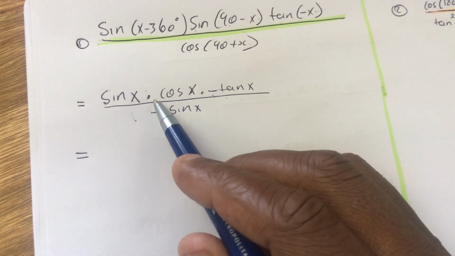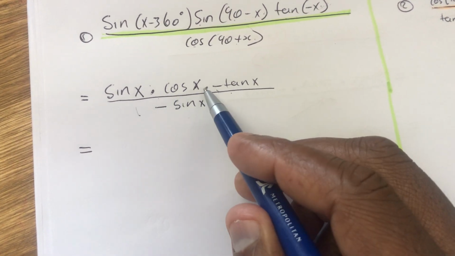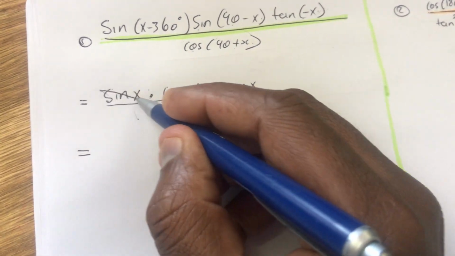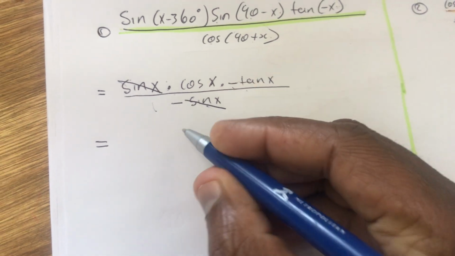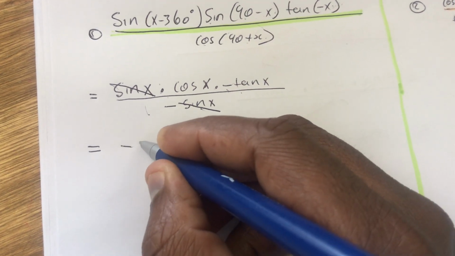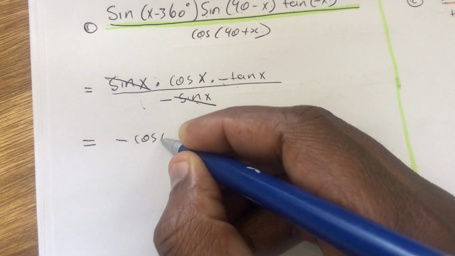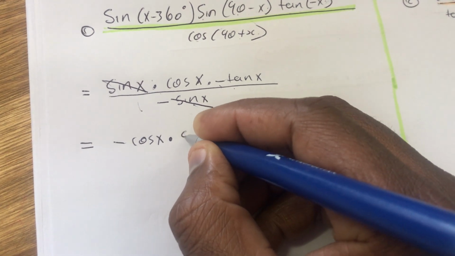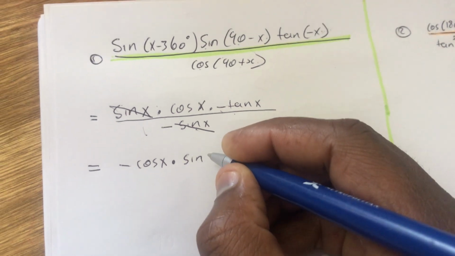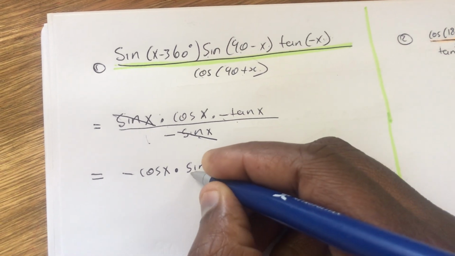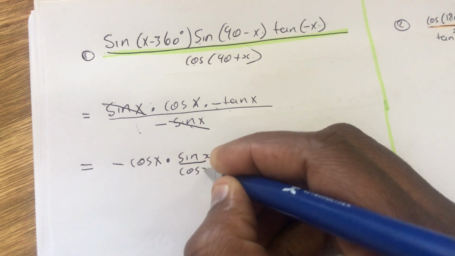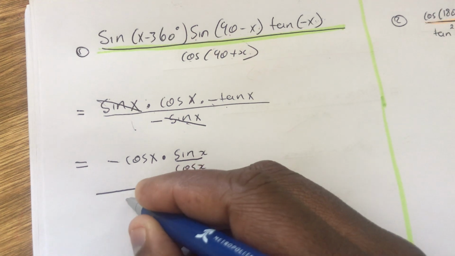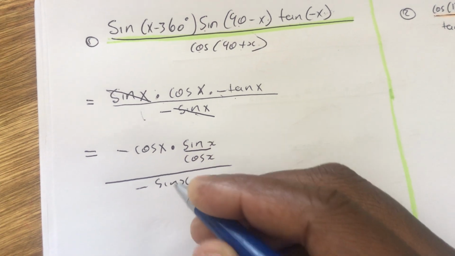Now, since you are dealing with multiplications here, you can just cancel these two. You cancel sin x and sin x. You remain with negative cos of x multiplied by the sin of x, divided by the cos of x, all divided by the negative sin of x.